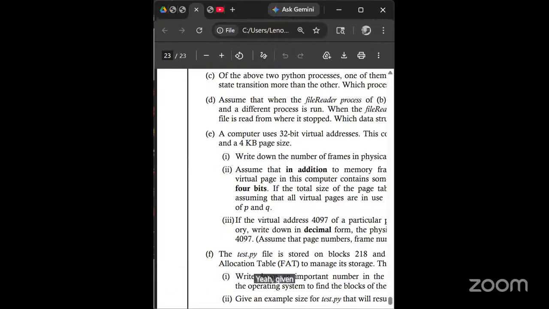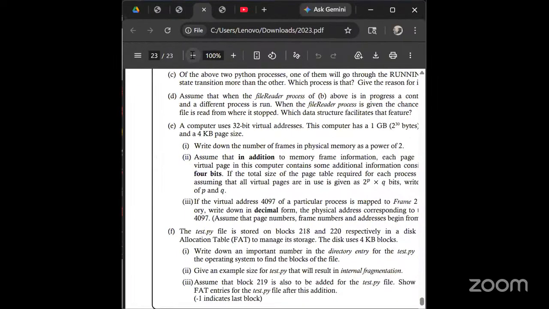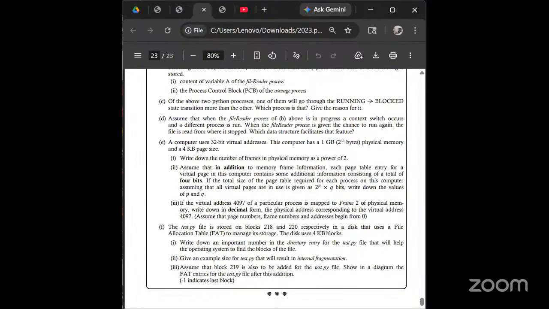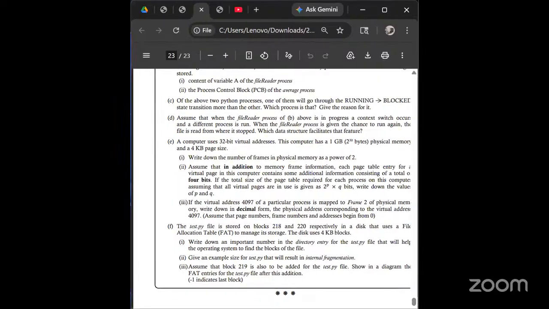They are given the virtual address. Can you see?